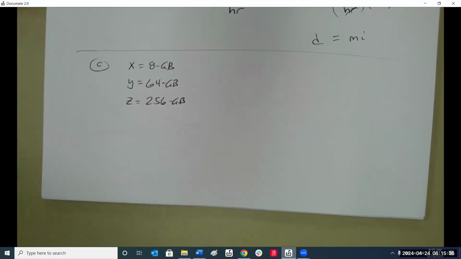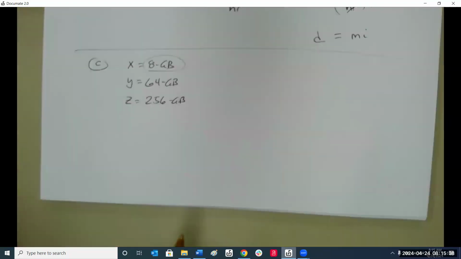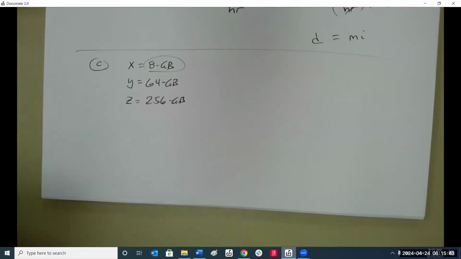Because that way I don't have to keep on writing all this. I can just refer to X, Y, and Z. So that's the first thing to do. You have to label the variables that you have in your equation.